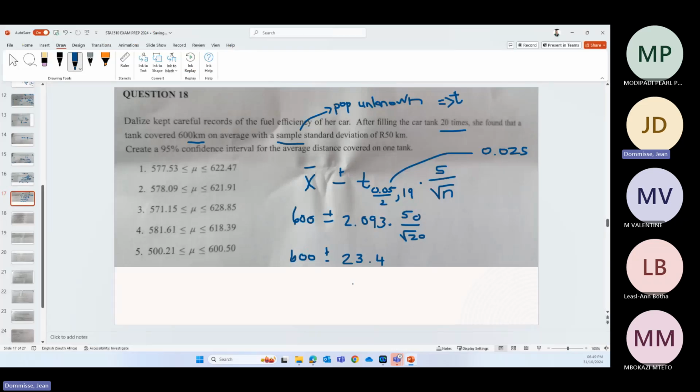Okay, so that times 2.093. This is what I get, so I don't get one of those answers. I would get 623.4. Twenty times, found a tank average of 50.